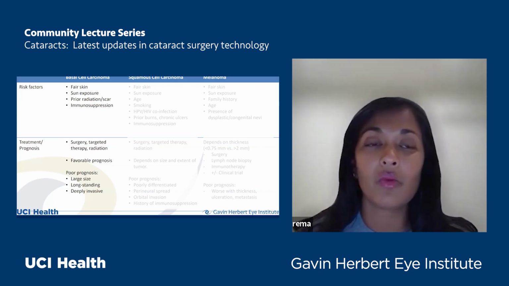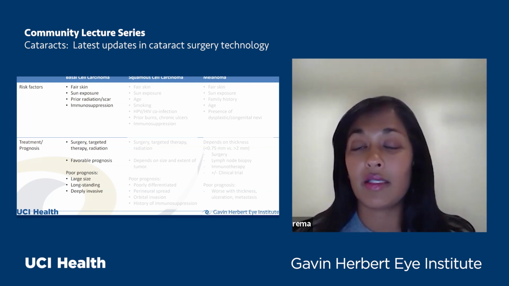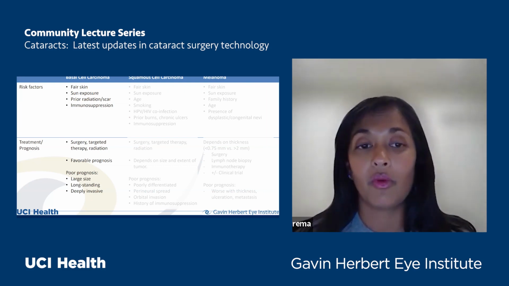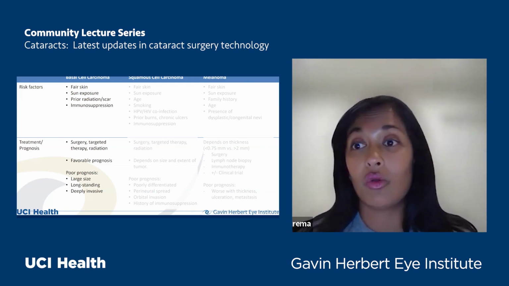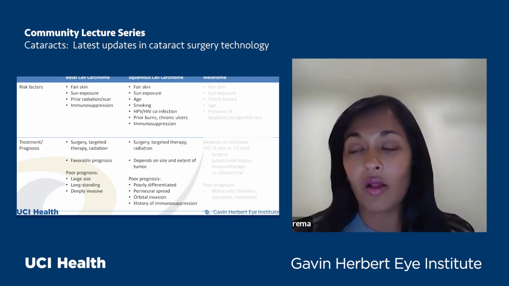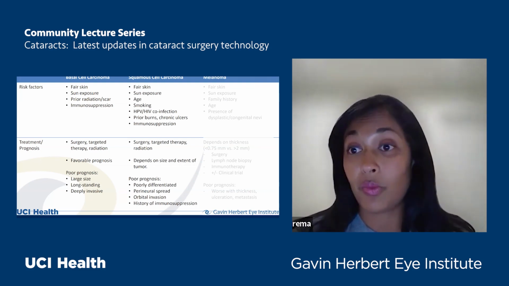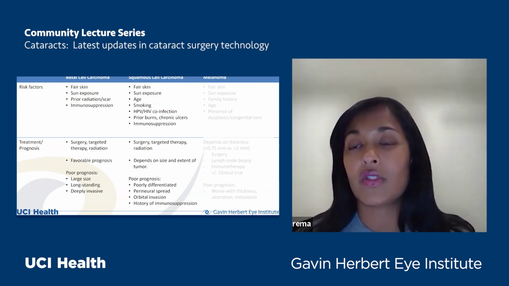In terms of treatment, basal cell has a largely favorable prognosis. Surgical excision usually leads to a favorable outcome as long as there's no deeply invasive component to the disease. Squamous cell also tends to do fairly well with excision. However, if there's orbital invasion or perineural spread, which is spread along nerves, this can herald poor outcomes.